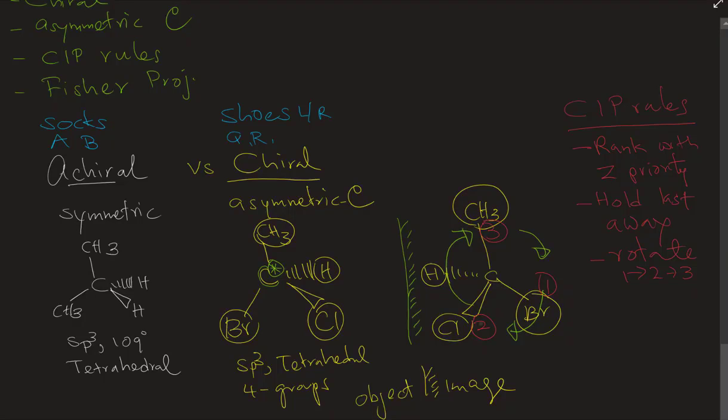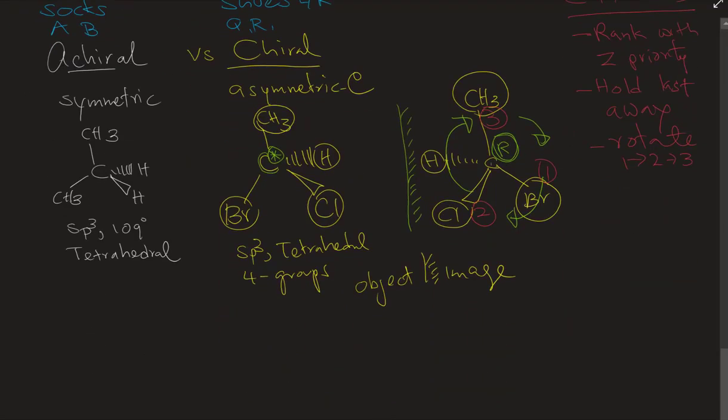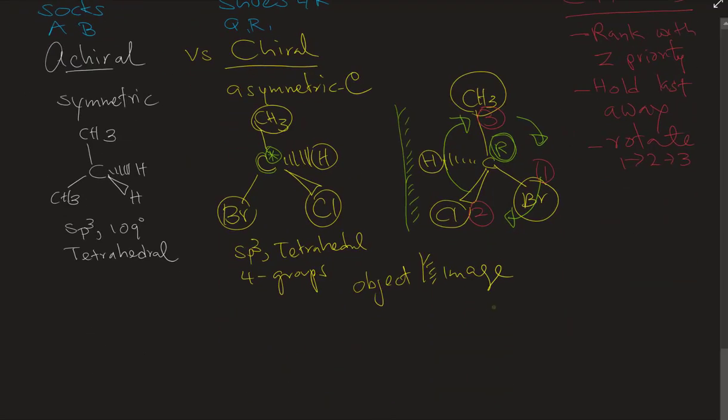So that's the rotation. It's a clockwise rotation. And the hydrogen we are holding away from the viewer because we are looking at the screen, right? So now the rotation is clockwise, and we call it CW, clockwise. So it's given R, that means rechts, R for rechts, right?